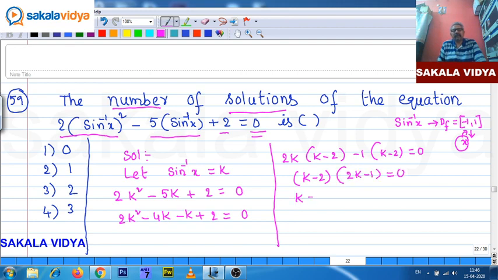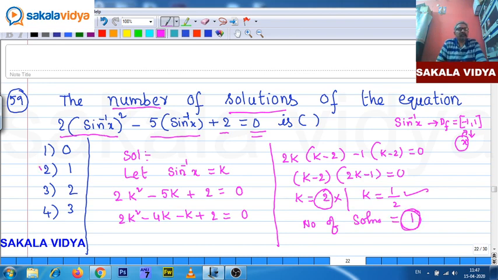We get k is equal to 2 and k is equal to 1 by 2. Am I correct? This k is equal to 2 is not possible. So, k is equal to 1 by 2. That means only one solution, number of solutions is equal to only 1. That means second option. Sin inverse x is equal to 1 by 2 means x is equal to, you get solution 30 degrees.